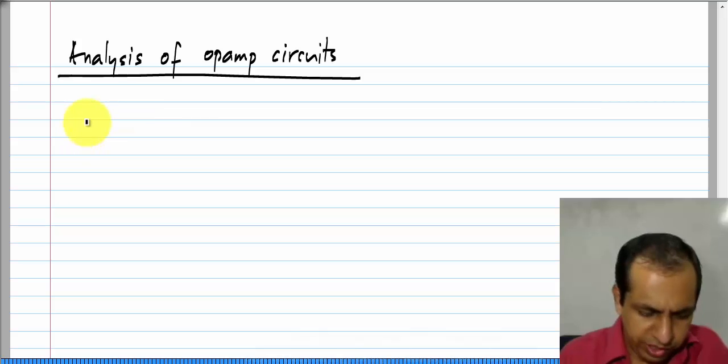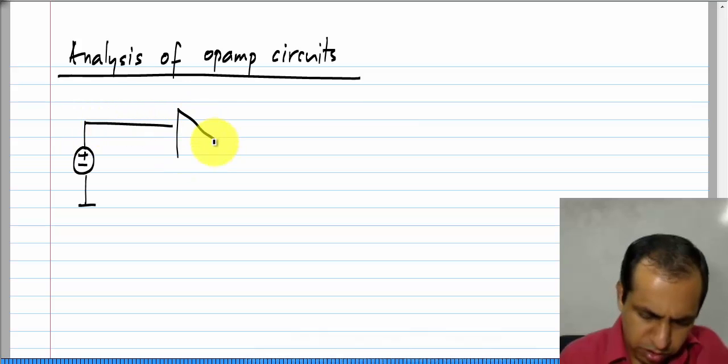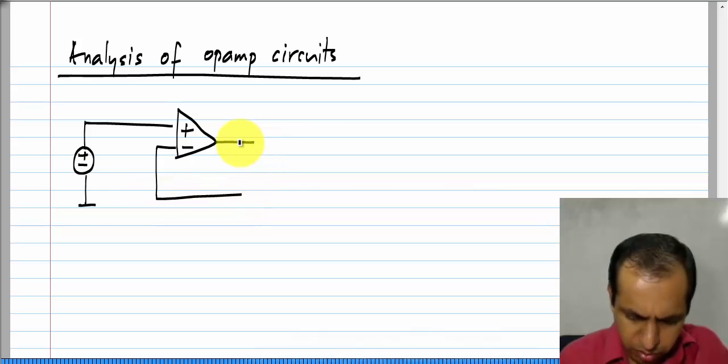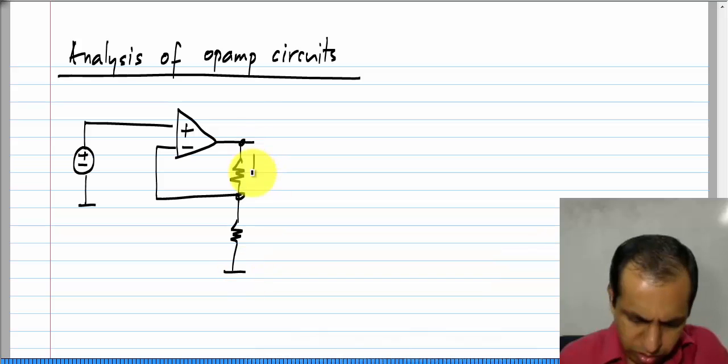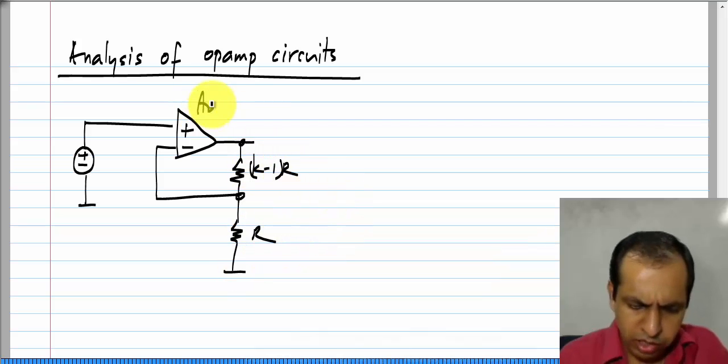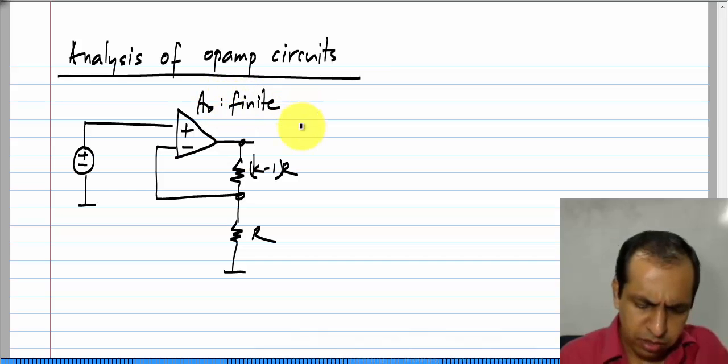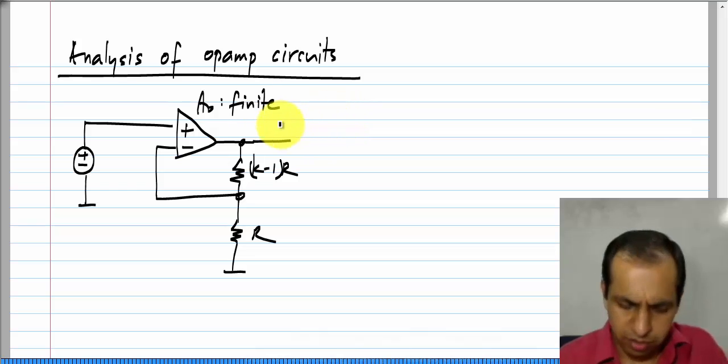Because let us take the same circuit we have been considering. And let us say A naught is finite, that is, the op amp is not ideal.